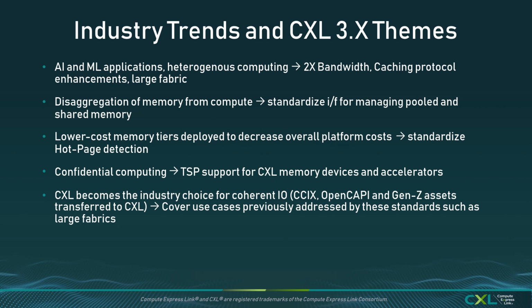In this model, what they wanted was an effective software tiering mechanism that allows both the DDR5 as well as DDR4 memory to be used effectively, so that the applications don't suffer in terms of performance. So what we've done, and I'll get into that in the 3.2 section, is define a mechanism for detecting hot pages. One can write generic software that can manage the memory and move pages efficiently between these two, or even more than two, memory tiers.